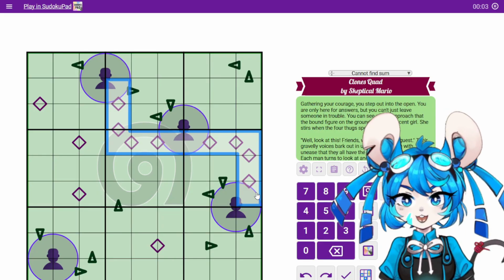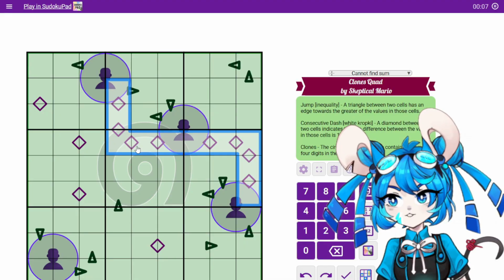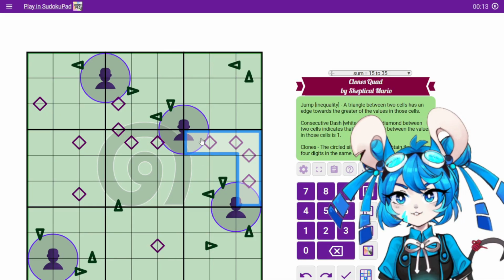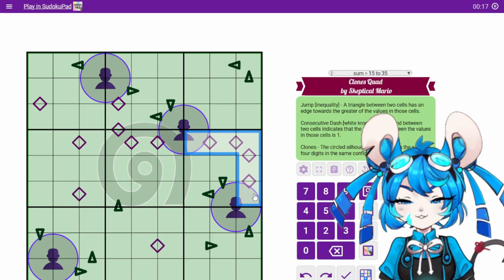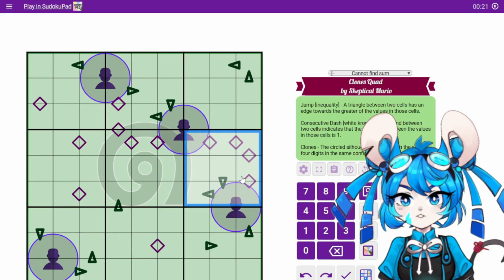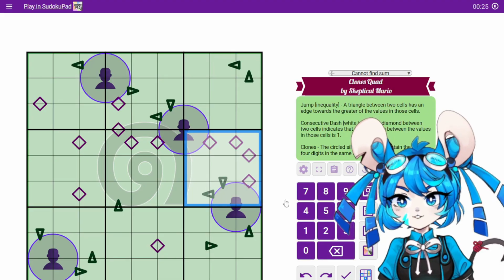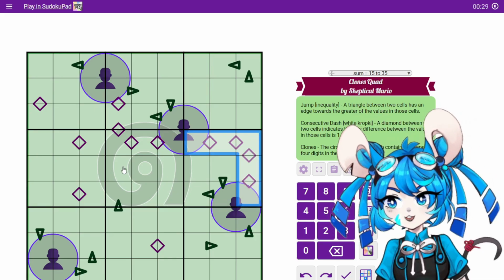So we have some dash chains. These 5 digits all need to be consecutive, which means they have to contain a 5, because they overlap.